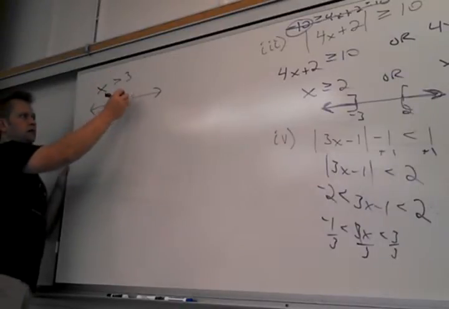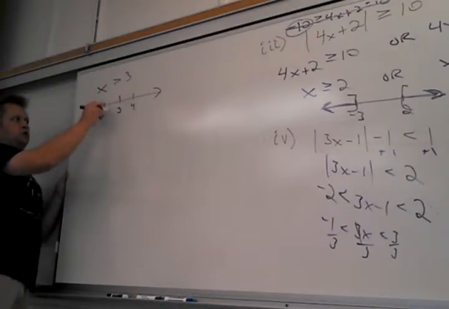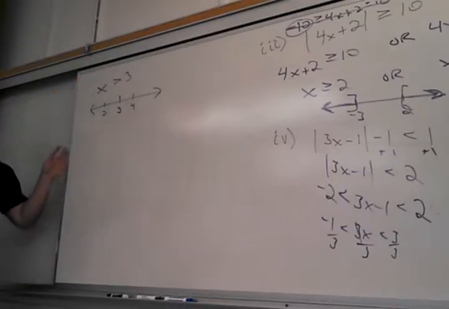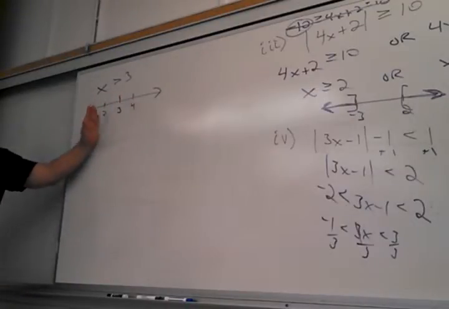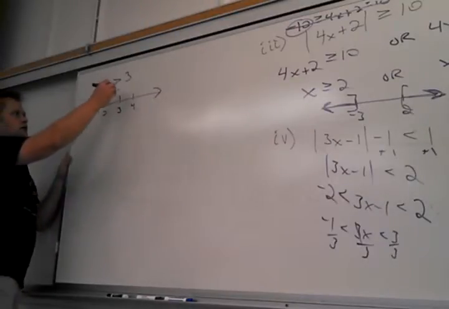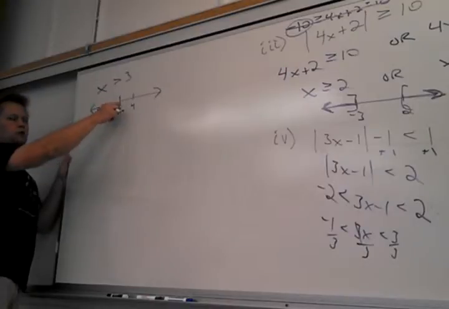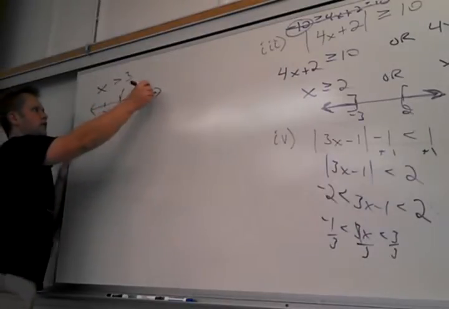Does 4 work in there? Yes. 4 is bigger than 3, but what about 2? 2 is not bigger than 3. So either they all work on one side or they all don't work. I'm overanalyzing this for a reason. So 3 is the dividing point between answers and not answers. And then I just shade the right side.